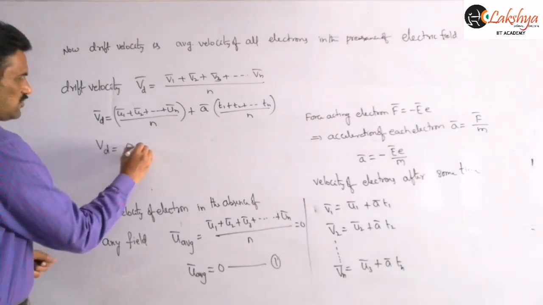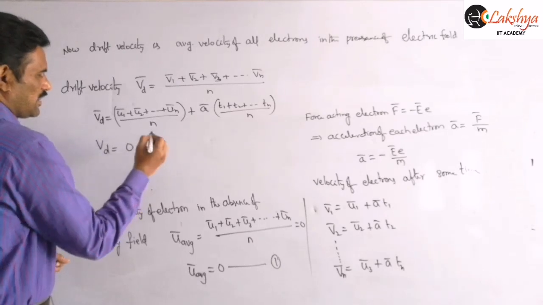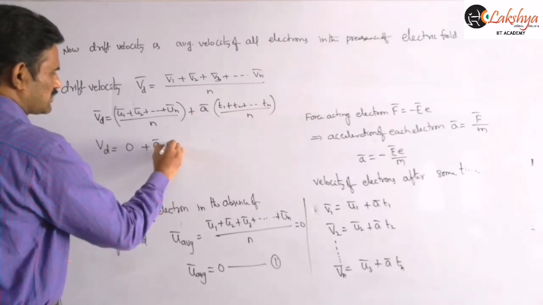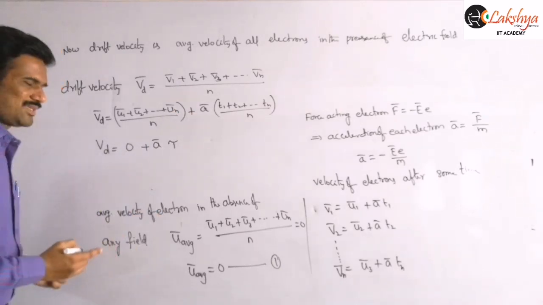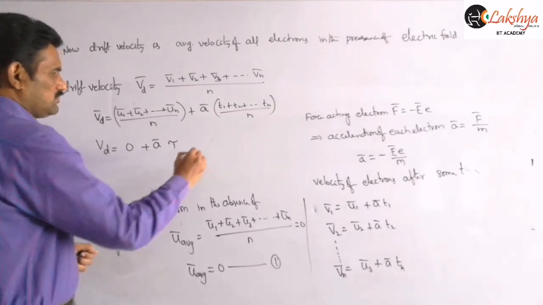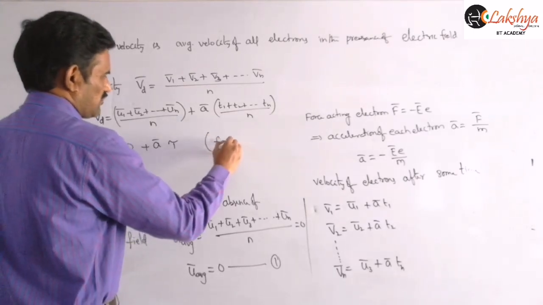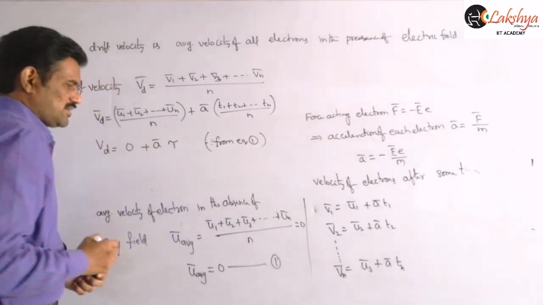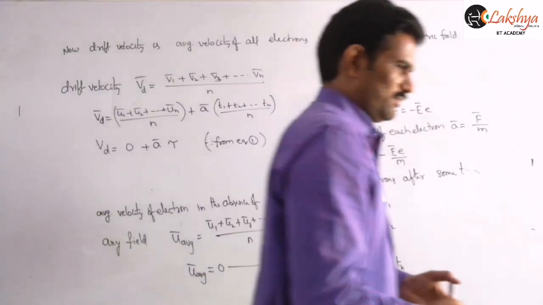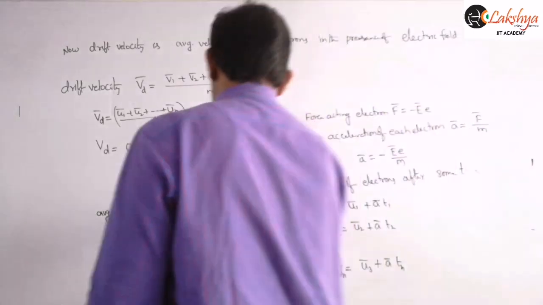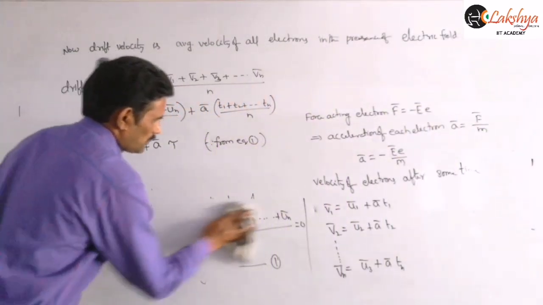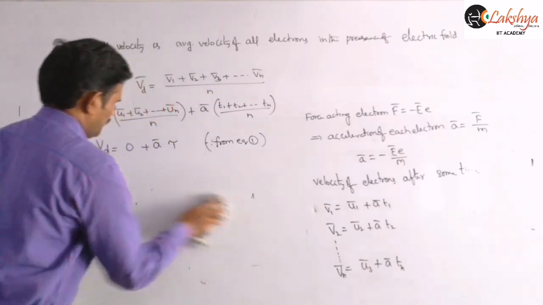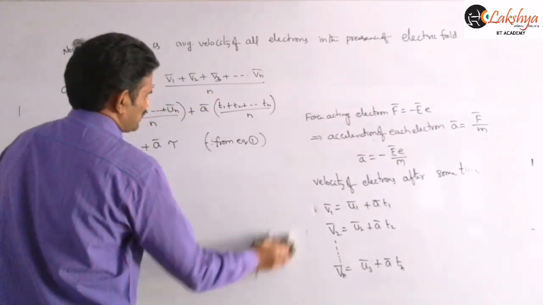So this is 0 plus A bar into, then this is taken as tau. So here from equation 1 we are using this average velocity, we are writing as 0. So right, I will write this. And so now we are replacing the tau.